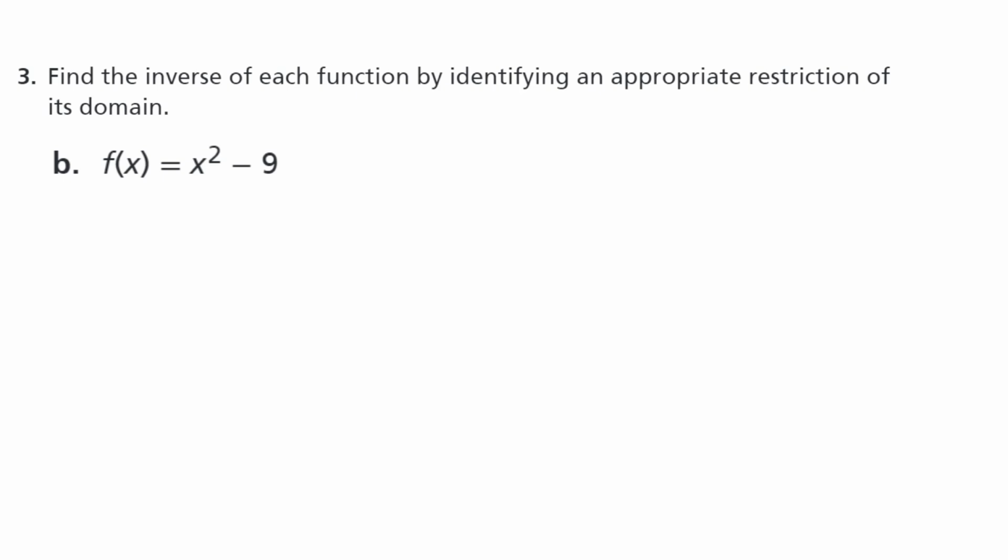So the last example we'll take a look at here for today is finding the inverse again, identifying the appropriate restrictions on the domain. We currently have none because we can square any number, so we have no problem here. So what I'm going to do is switch the x to this side and the f to the other side.